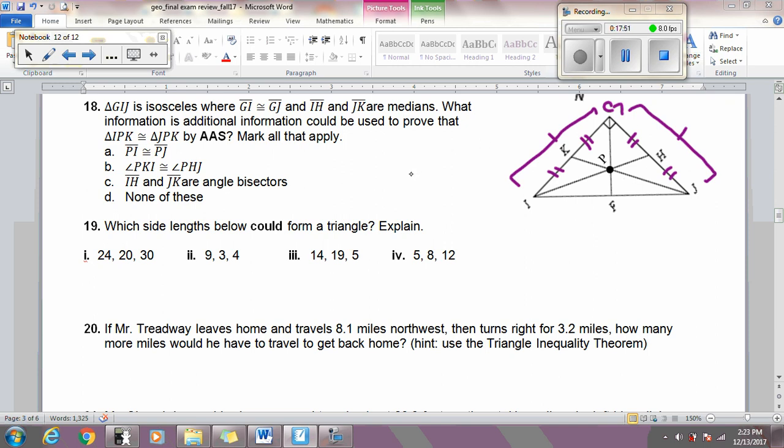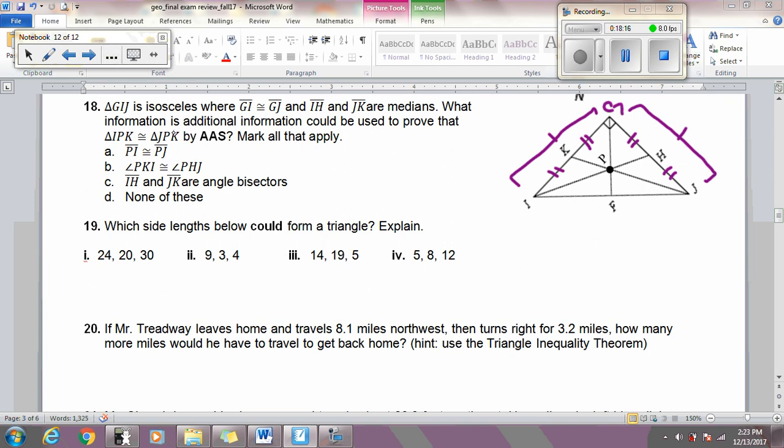It says what information could be used to prove that triangle IPK is congruent with triangle, oh my goodness, there's a lot of typos, it's supposed to be JPH, I'm sorry, by angle, side.